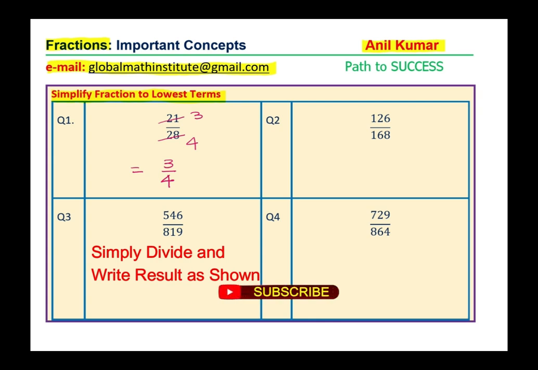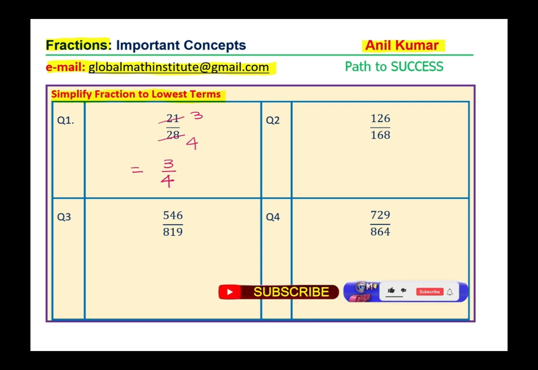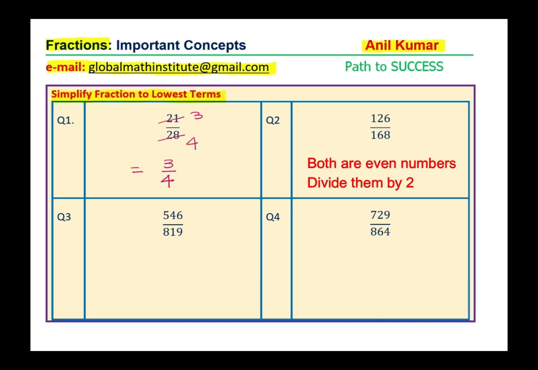The next one here is 126 over 168. You can see that these are both even numbers. So the first step is we are going to divide both by 2. When I divide by 2, I get 63 in the numerator.